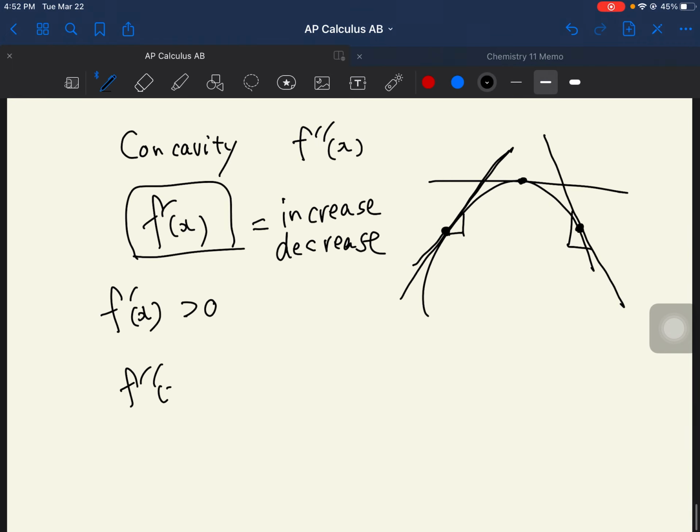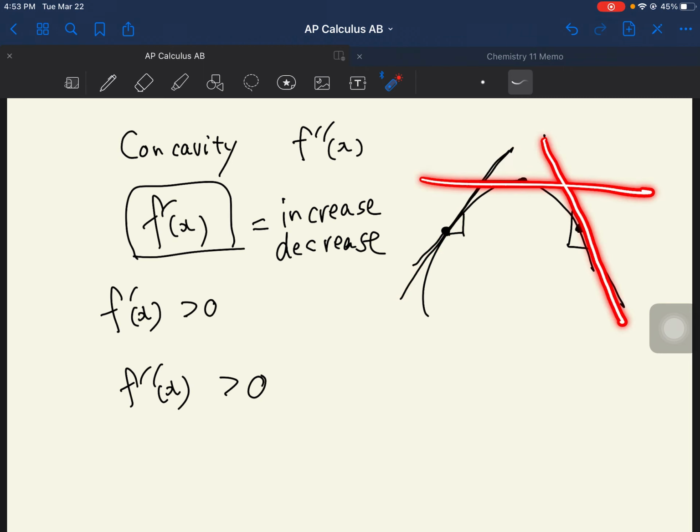Then what does the second derivative show? The second derivative shows how f prime of x is changing. If this value is positive, this value is increasing.